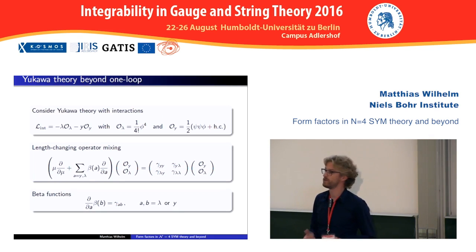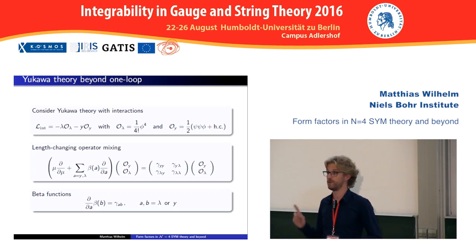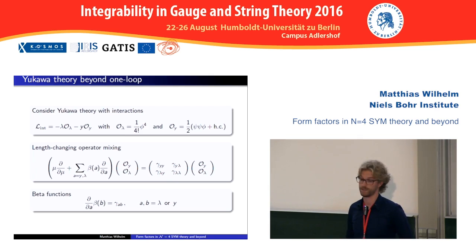In order to illustrate some features which generically occur at higher loop orders, we look at Yukawa theory with one real scalar phi and one Weyl fermion psi. The interaction part of the Lagrangian is given by the phi to the 4th term and the Yukawa term, which are described in terms of corresponding composite operators.